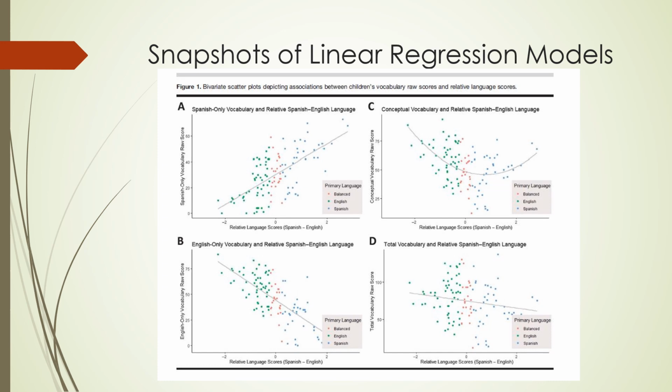So that's what they consider a quadratic trend, and that's how they explained how that worked. If you look at D, there's no real association. The dots on the scatter plot kind of start to level themselves out. And I think that is because overall the students had good vocabulary in relation to both languages.